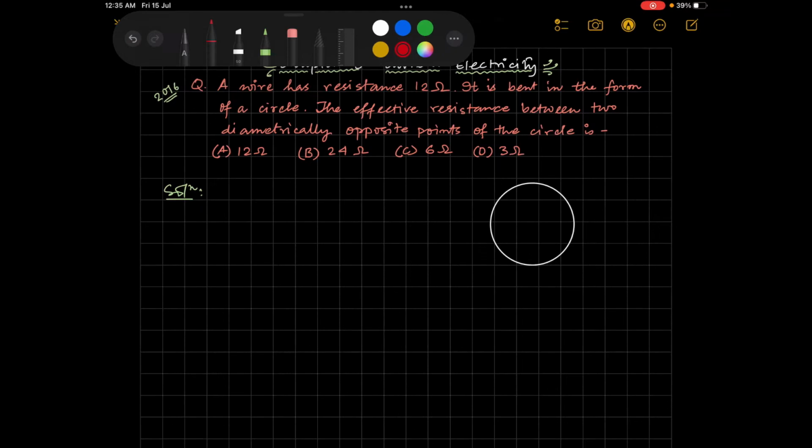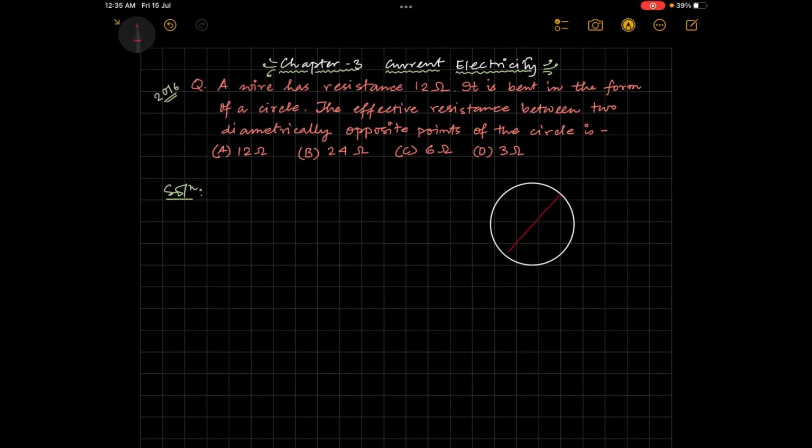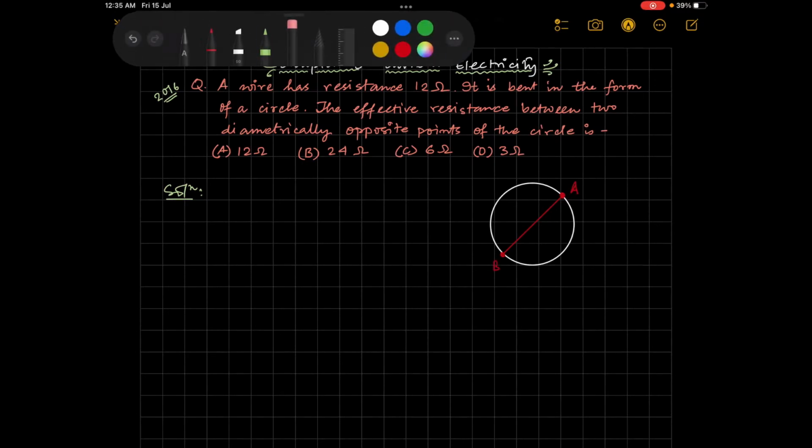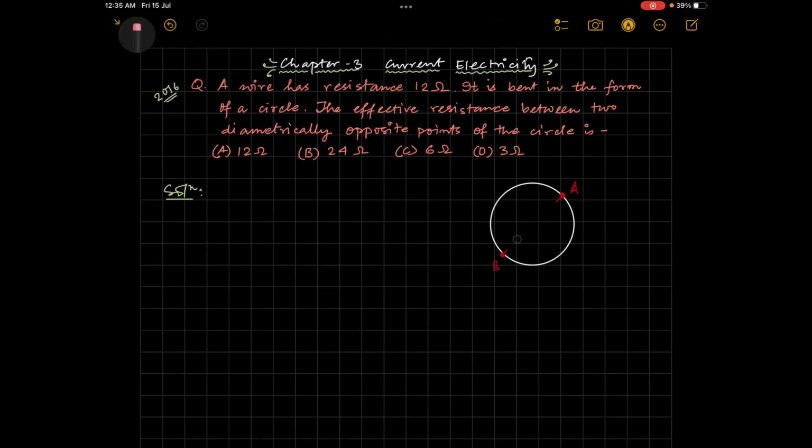So it may be any diameter. Let us suppose this is the diameter for our example. So we are talking of this point and this point. Let us call this point as A and this point as B. So for convenience, let me just rub off this diameter.